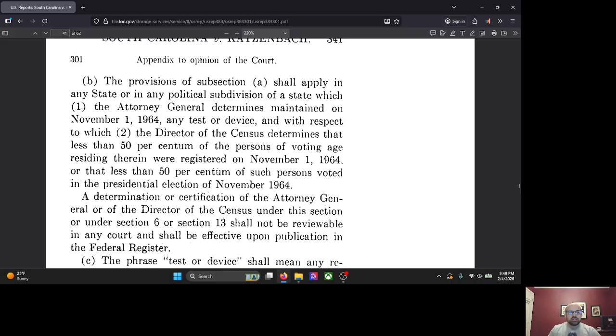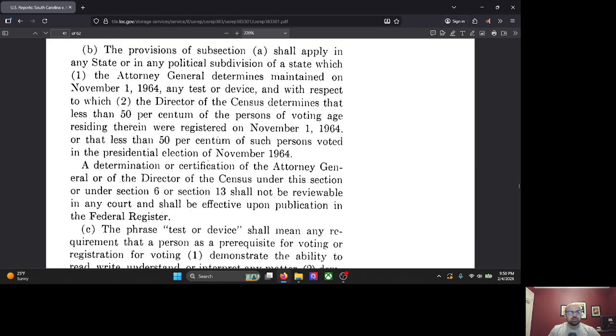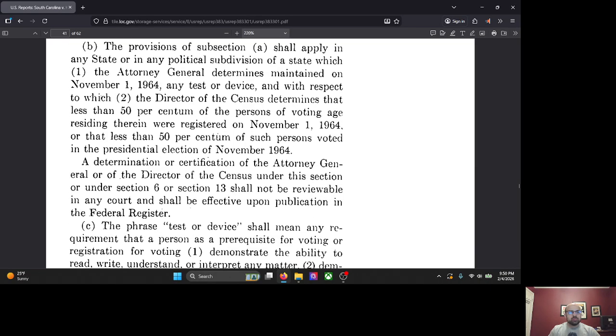B. The provisions of subsection A shall apply in any state or in any political subdivision of a state which 1. The Attorney General determines maintained on November 1st, 1964, any test or device, and with respect to which 2.